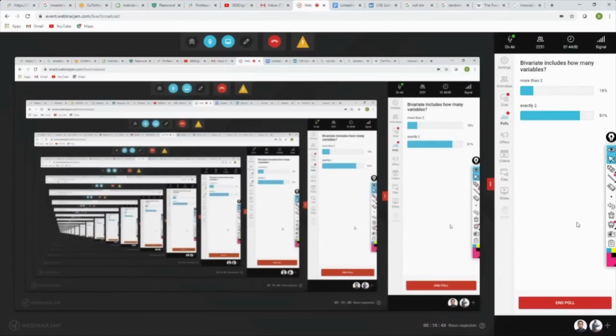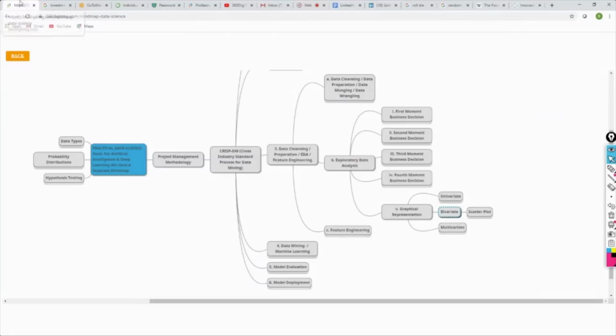We are struggling to reach that 80%. Yeah, if you see this, greater than 80% is amazing. So, absolutely. Bivariate means exactly two. Univariate means single. If you do univariate analysis, you are doing analysis on a single variable. Bivariate means you're doing analysis on two variables.